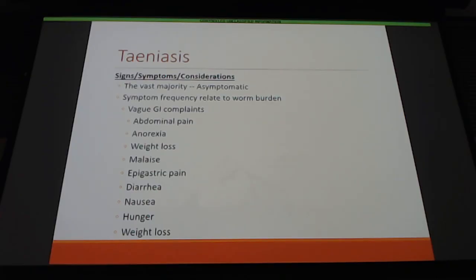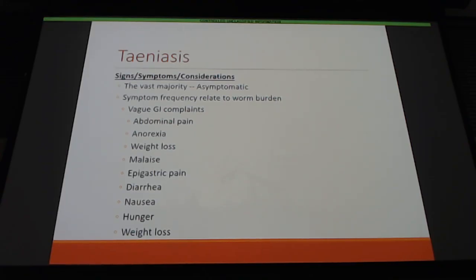And here, just like the other one, abdominal pain, epigastric pain, malaise. The presence of the belt tapeworm causes mechanical irritation and inflammation in the intestinal linings. So it'll cause some discomfort in the gut. It's just what it does, especially when it gets too big for your gut.